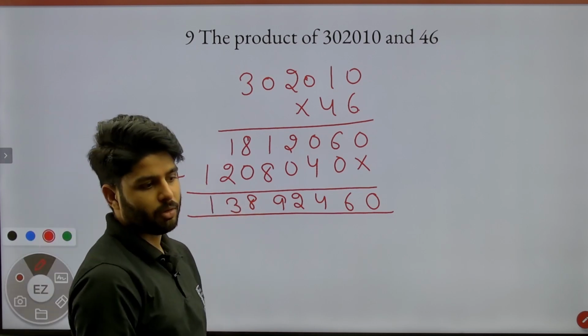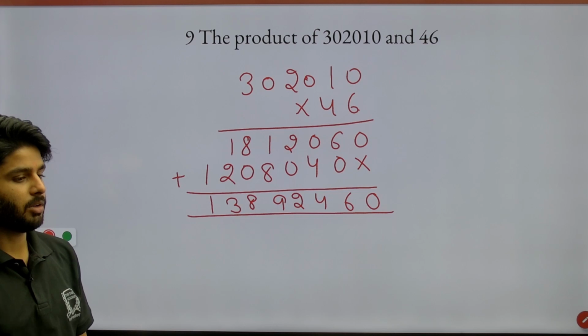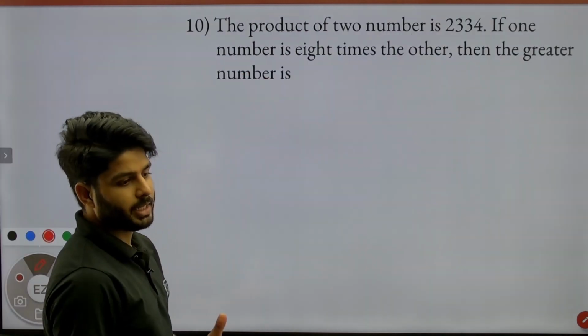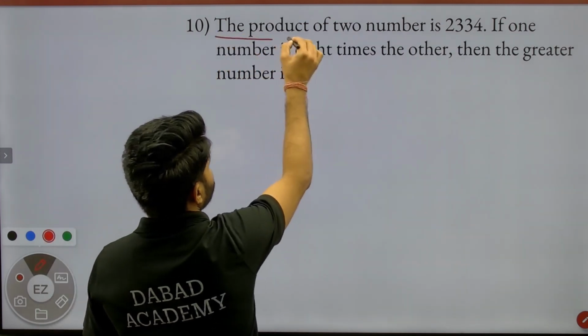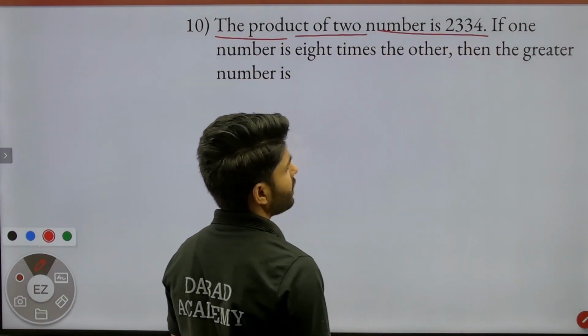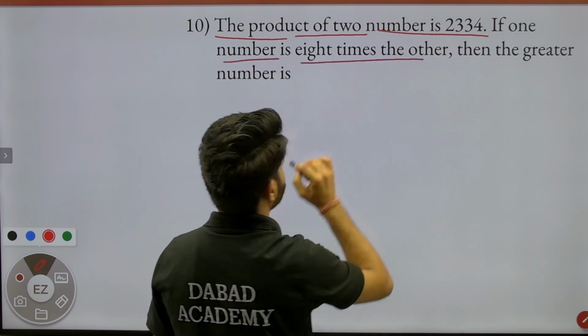So the product of 3,02,010 and 46 is 1,38,92,460. Here is question number 10. The product of two numbers is 2,334. If one number is 8 times the other, then the greater number is.